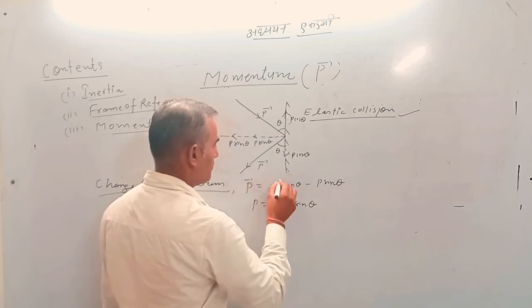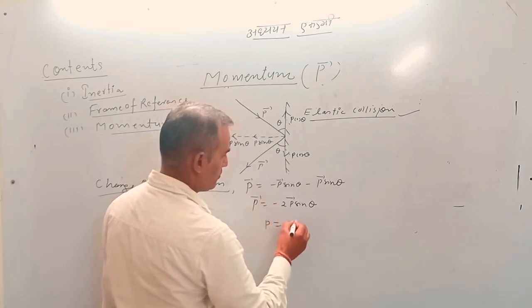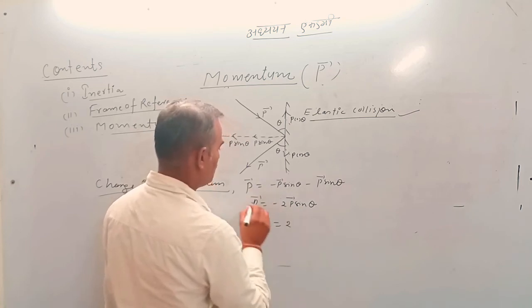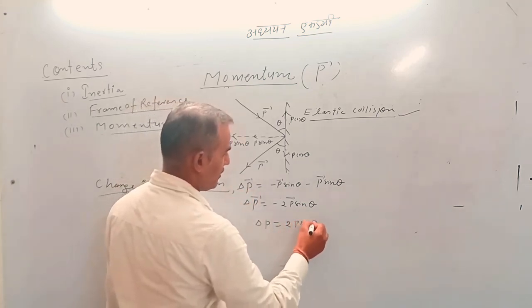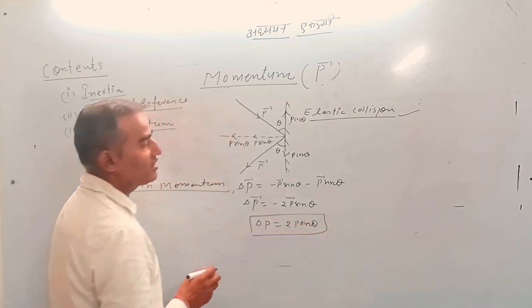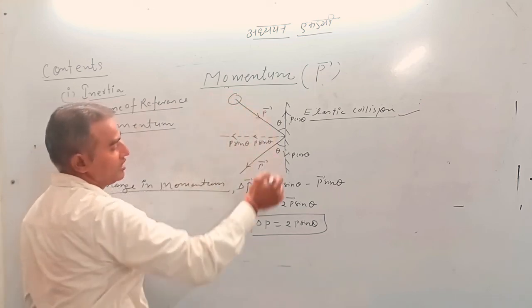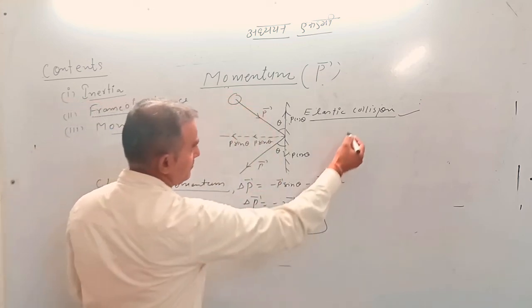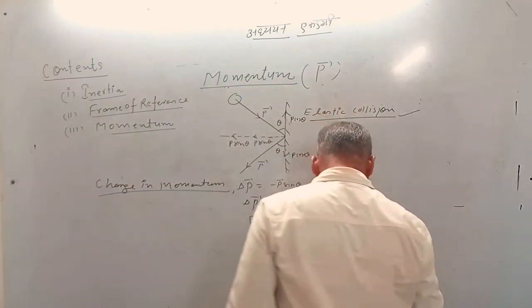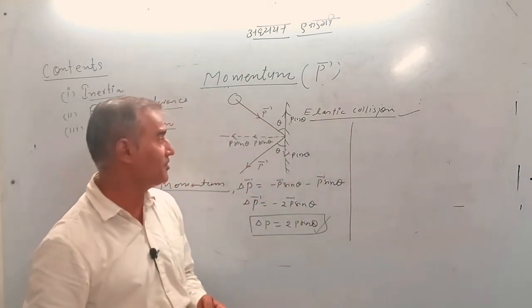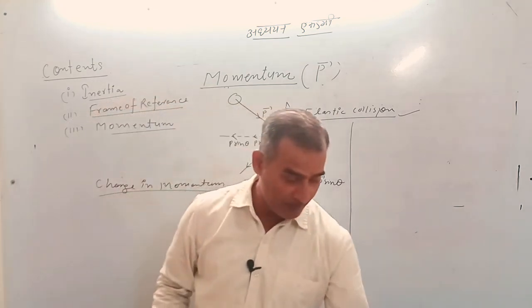If you consider the magnitude, the change in momentum is 2P sin theta. If any ball is striking at an angle, then the change in momentum is 2P sin theta. If the angle changes, you get another expression. It is a very important formula for calculating numericals.